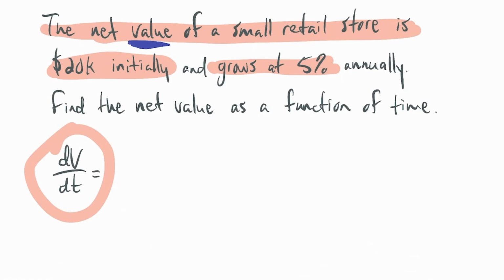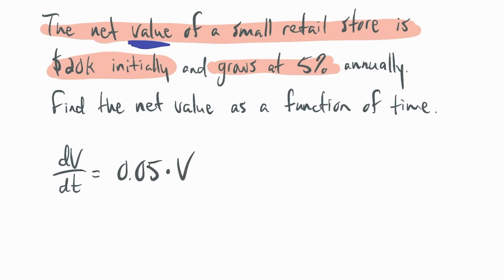So the growth in the value will be 5% of the value. Well, 5% of means 5% times, typically, in word problems. So this means we're going to have 0.05 times v, the value, okay? So 5% of the value will be the rate. So if the value starts out at 20,000, right?